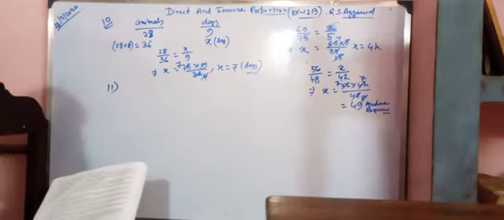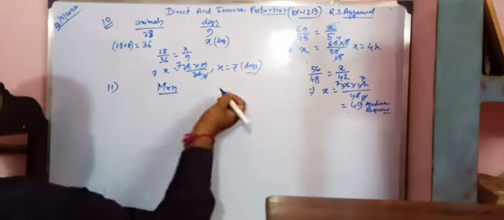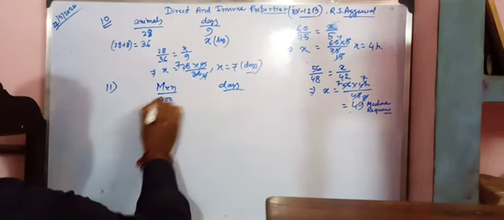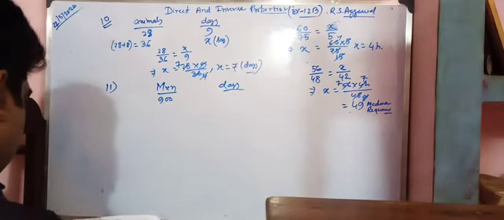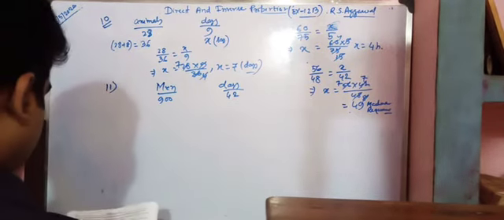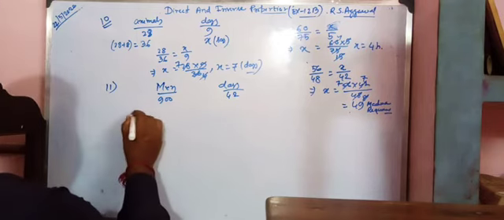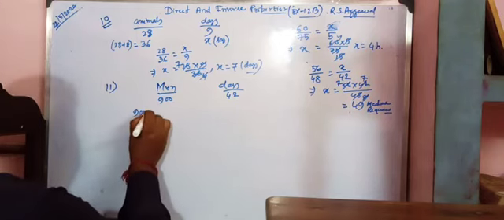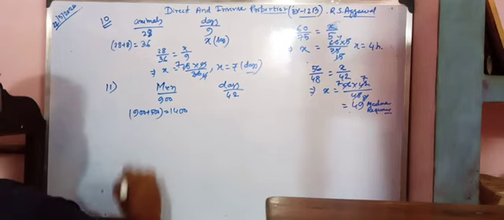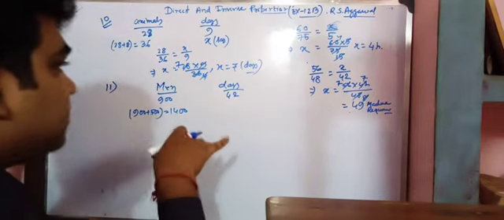Question number 11. 900 men have provision for 42 days. So here, men and days. Now a reinforcement of 500 men arrives. That is, my total men is 900 plus 500, that means 1400. Now the food is fixed.